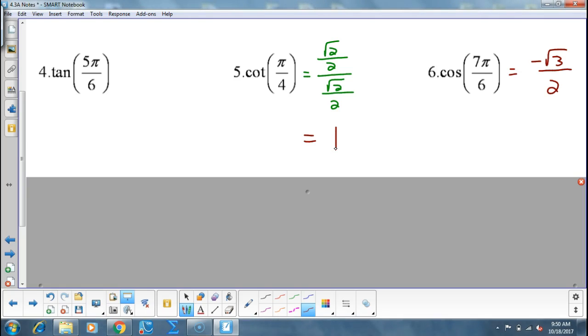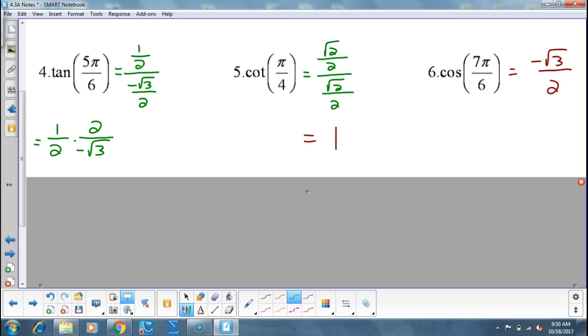The tangent at 5 pi over 6 is going to be y divided by x. So that's going to be 1/2 divided by negative square root of 3 over 2. Agree with that? Which is 1/2 times 2 over negative square root of 3.